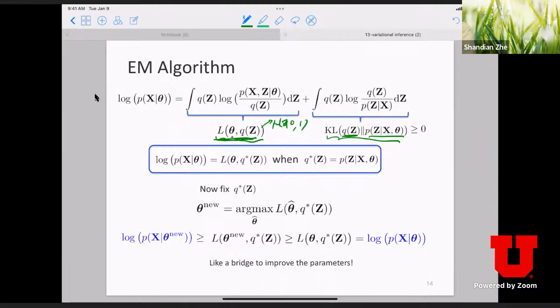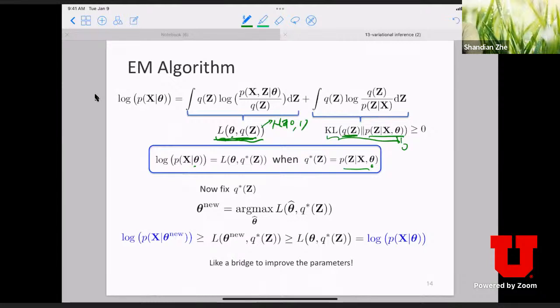In that case, when Q(z) equals P(z given x and theta), the KL divergence is simply 0. So then the lower bound becomes identical to the log model evidence. Namely, for any model parameter theta, the log model evidence will equal L(theta, Q*(z)), where Q*(z) takes the posterior distribution of z given x and theta.